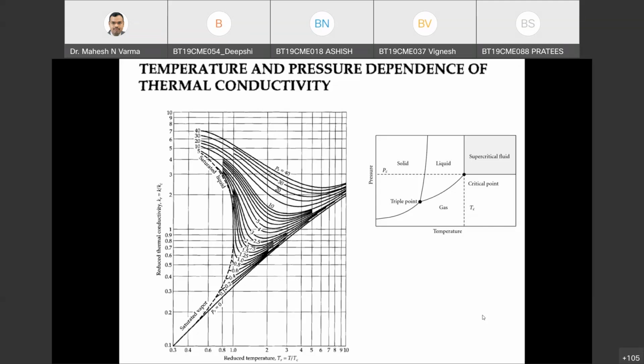Yeah, very good. For different values of reduced pressure. So on the x-axis it will be reduced temperature, and on the y-axis it will be reduced diffusivity for different values of reduced pressure. So you will get this relation in mass transfer.